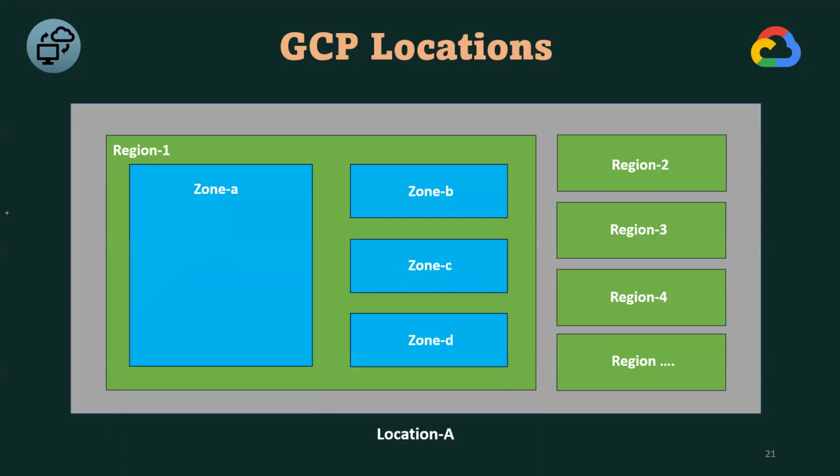Each region is a collection of zones. Each zone is connected to one more zone via a high bandwidth network, and zones have the resources. This is how Google's infrastructure is organized.